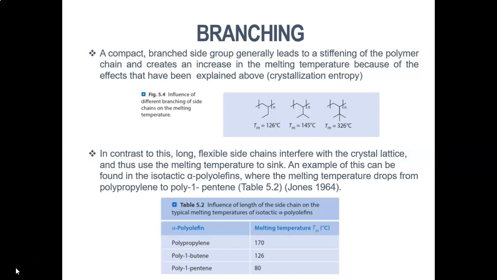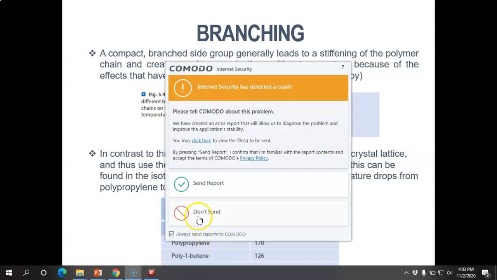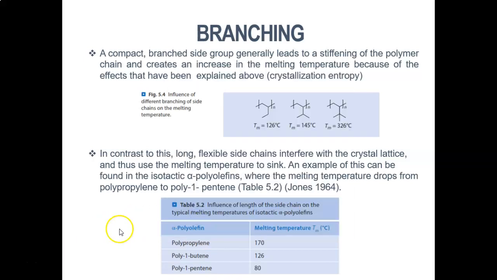In contrast to this, long flexible side chains will interfere with the crystal lattice and thus cause the melting temperature to sink. An example of this can be found in the isotactic alpha-polyolefins, where the melting temperature drops from polypropylene to poly-1-pentene. We can see that poly-1-pentene shows the lowest melting temperature compared to polypropylene.